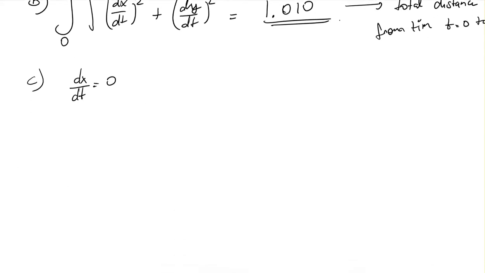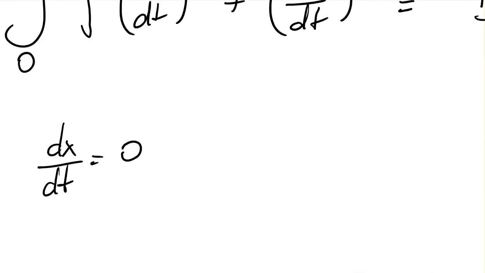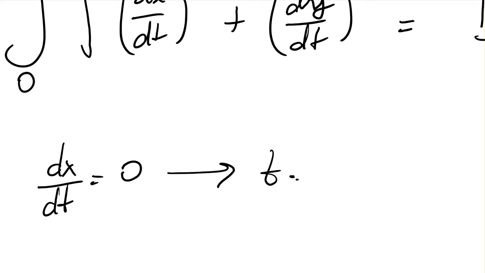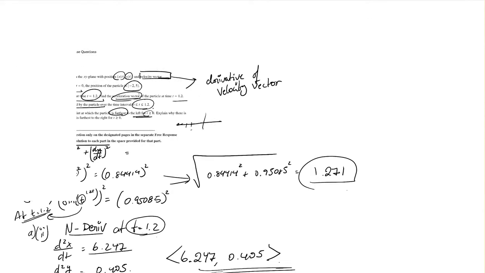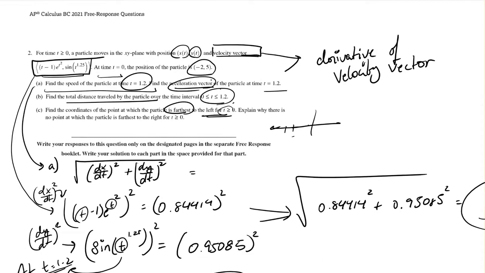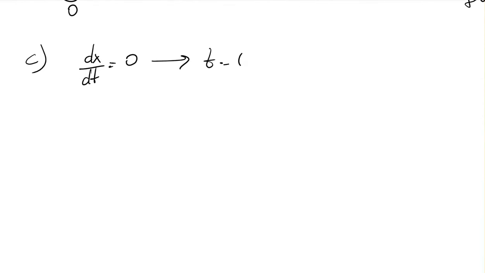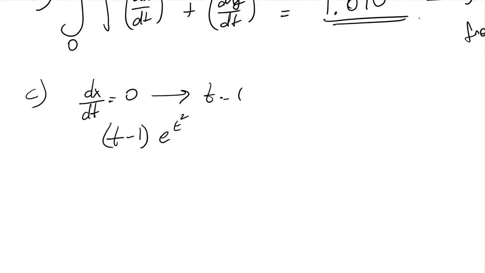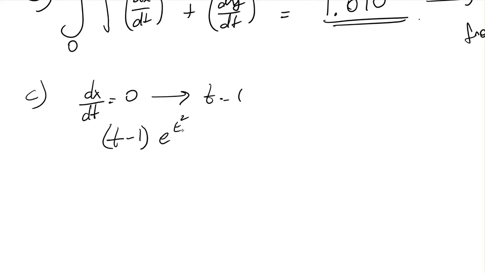So dx/dt equals 0 at t equals 1, because it's (t minus 1) e to the t squared. When t is 1, 1 minus 1 is 0, so 0 times e to the t squared equals 0.